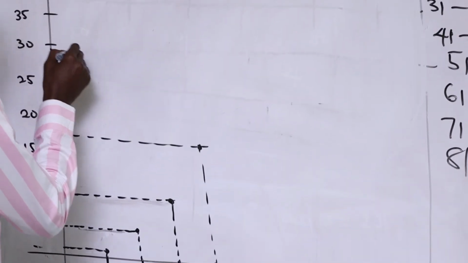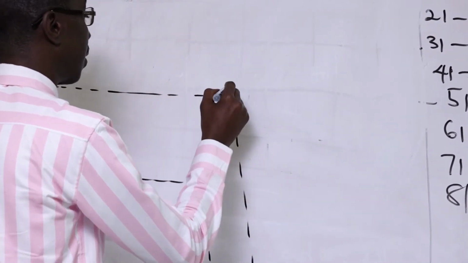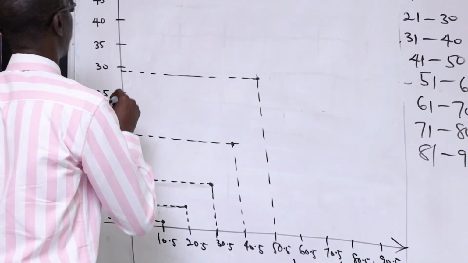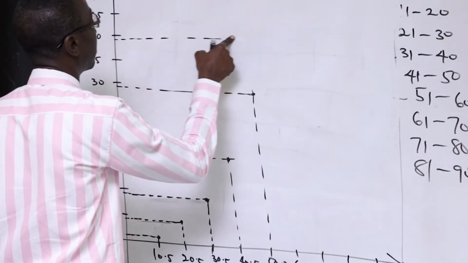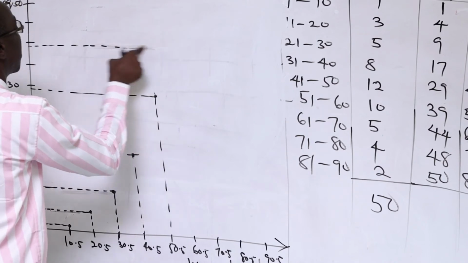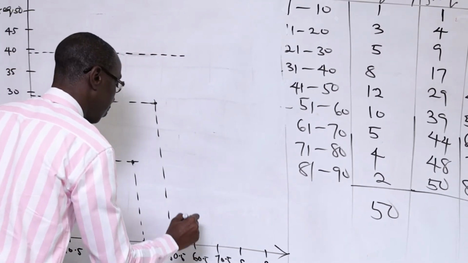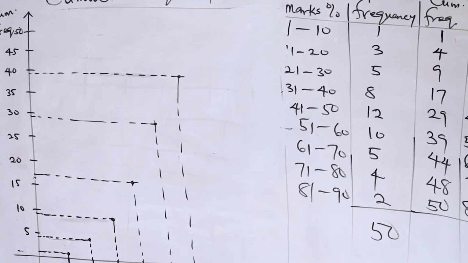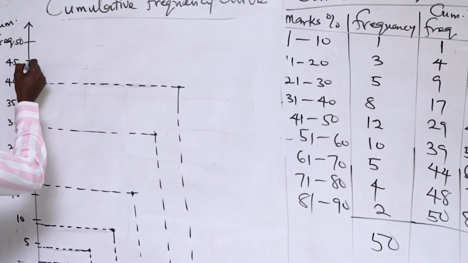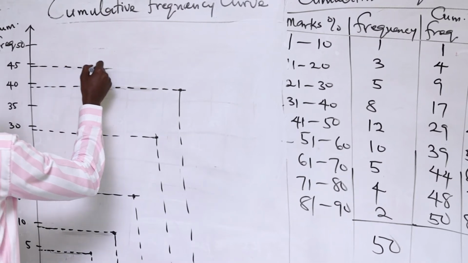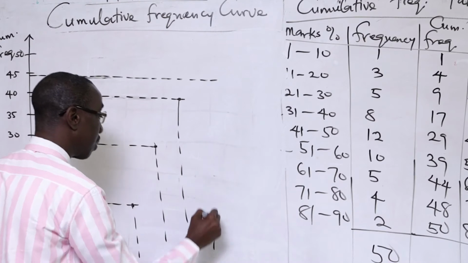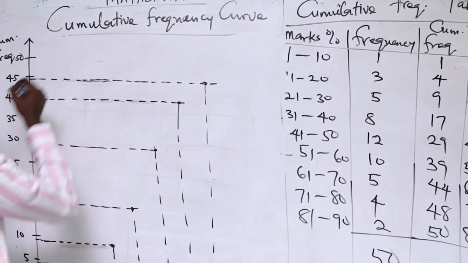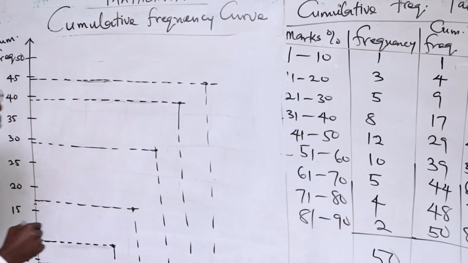39. 2 O's down from 40. 44. 2 O's down from what? 45. 48. 2 O's down from where? 48. 4 O's down from where?